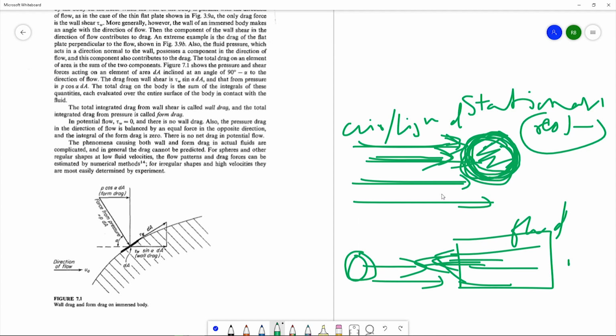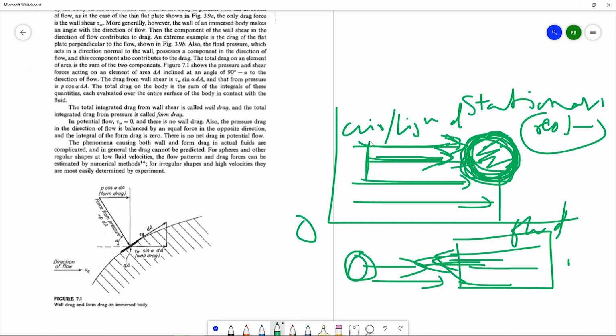If you take the stationary reference frame, like say this is the origin, the particle is stationary, the fluid is moving, right? So the fluid will exert drag force on the particle.